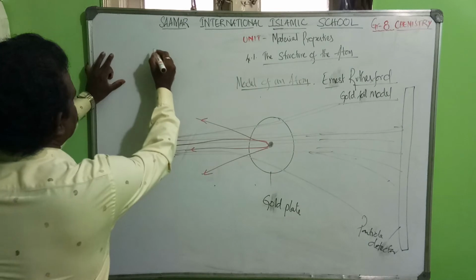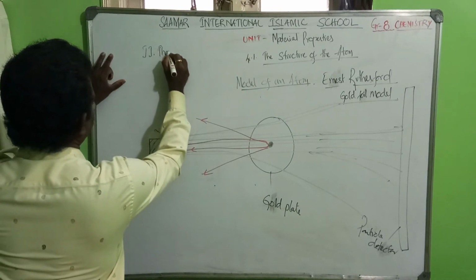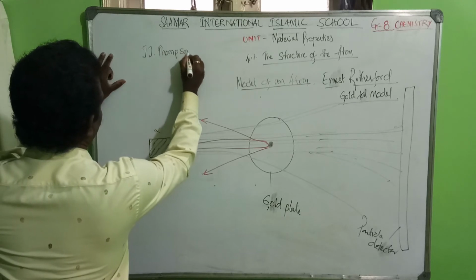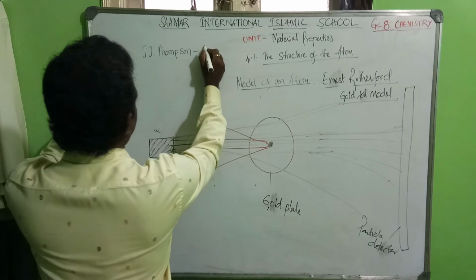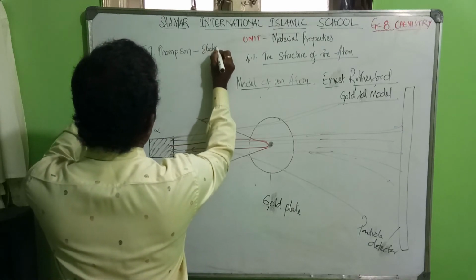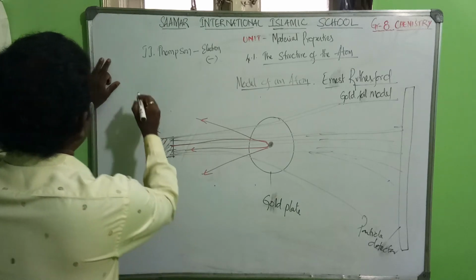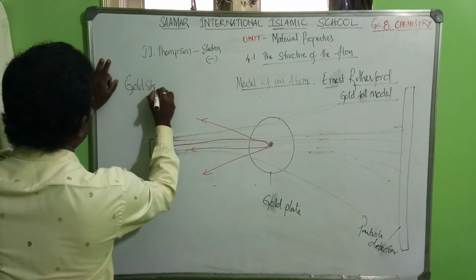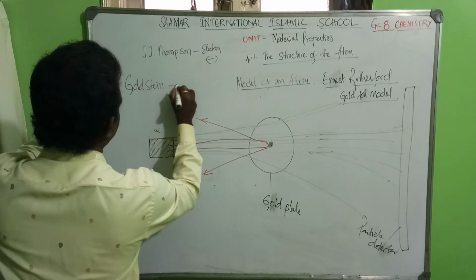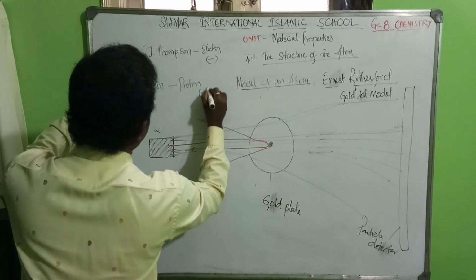First one, J.J. Thomson discovered the electron, a negative charge. Next, Goldstein discovered the proton, a positive charge.